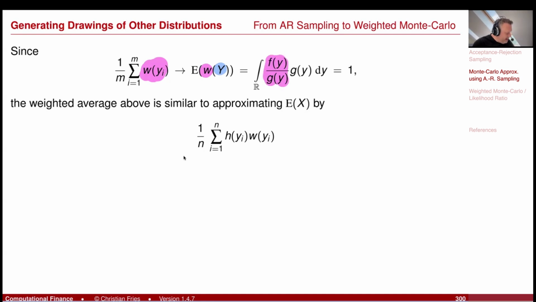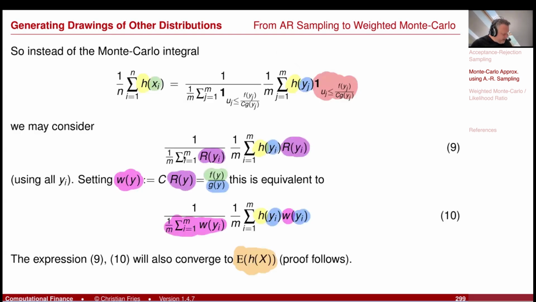Okay, I apply to y, so that means I integrate with respect to g dy. So you see the g cancels, and integrating the density f gives you just a 1. So you see that this guy in front here converges to 1.